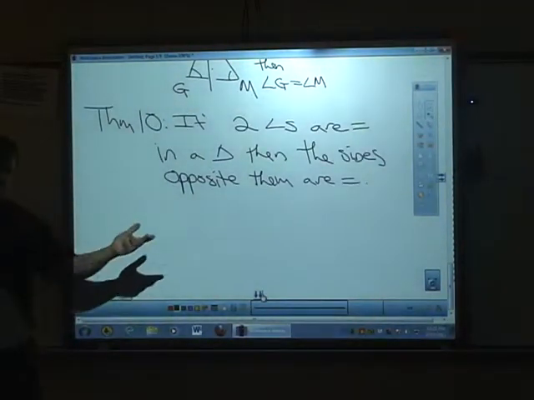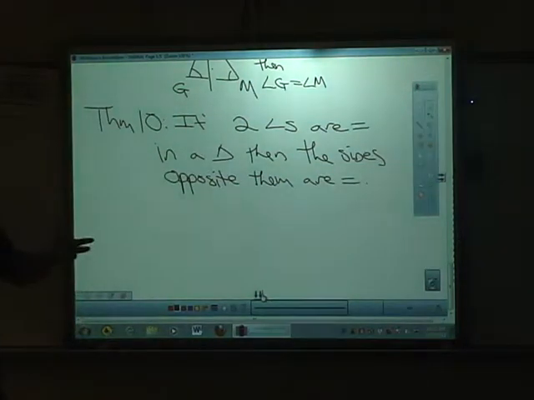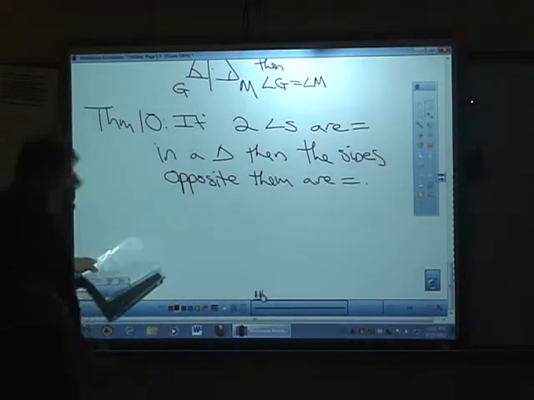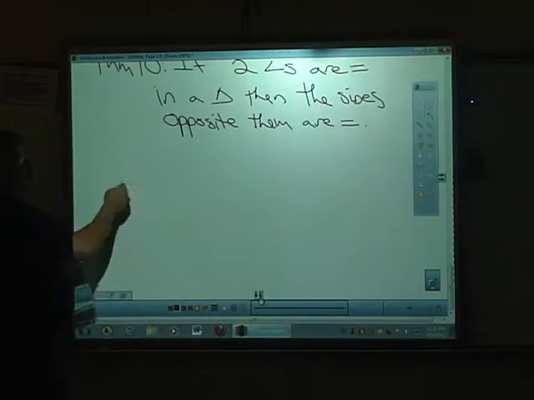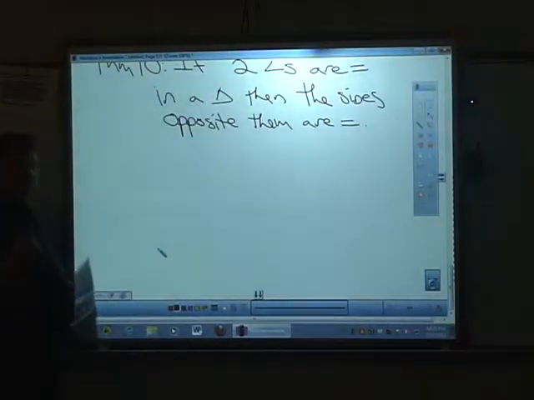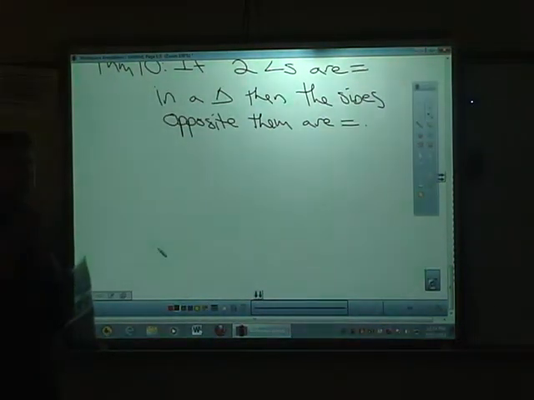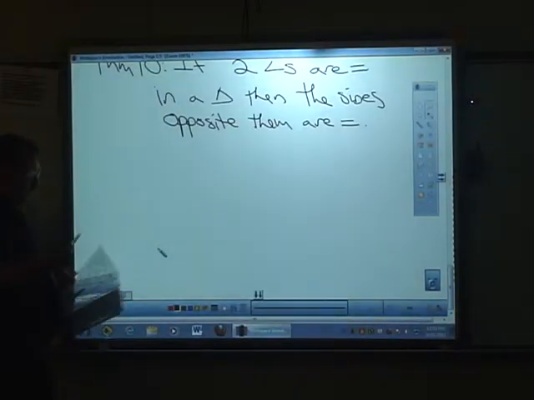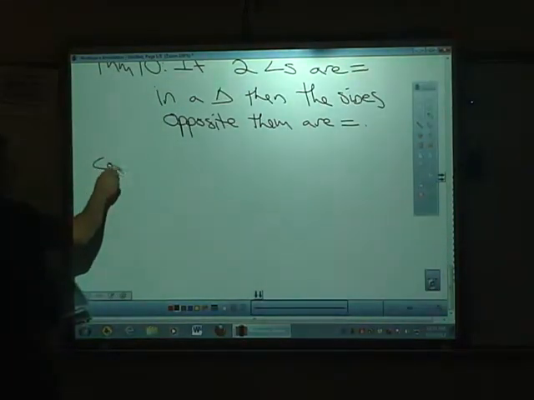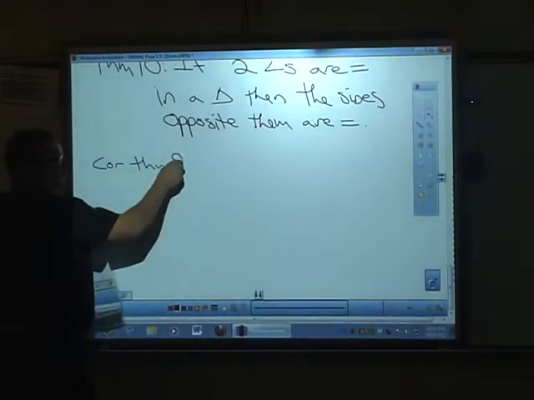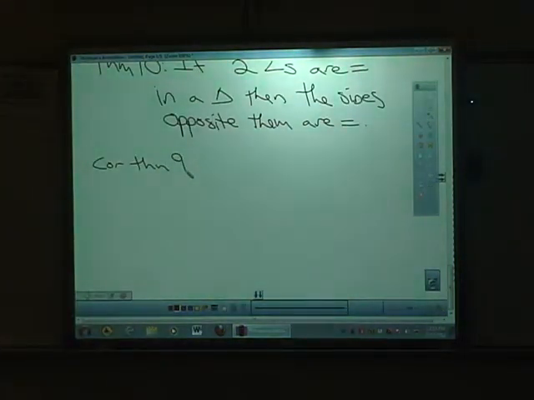Now with the definitions, we talked about the fact that equilateral and equiangular mean almost the same thing. And that's actually a corollary. Don't forget, a corollary is what? A corollary is a mini theorem. So corollaries can be on your theorem list. Corollary to Theorem 9. Well, Theorem 9 talks about sides.